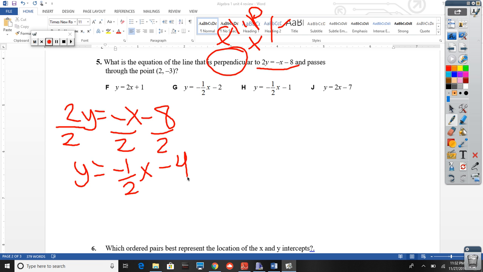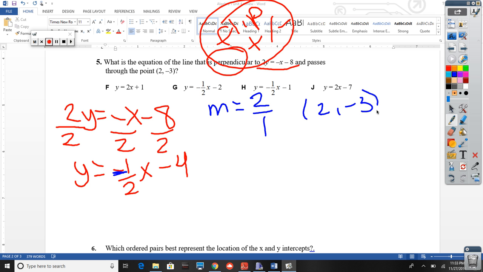Now I have an equation, and now I can do this rule up here. Flip it, so to get my slope, I'm gonna flip it, negative, or just 2 over 1, right? So 2 over 1. And then this one's already negative, therefore that one has to stay positive. I don't need to put a plus sign there, I just know it's positive. So I'm gonna use my slope as 2 over 1. And then I'm gonna use the point 2, negative 3.